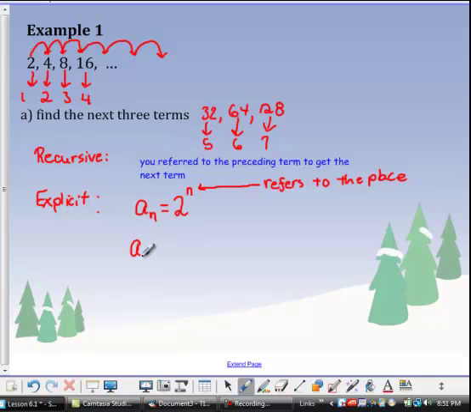You can use S, you can use Q. I don't know why the math books picked A. But to find the 200th term of sequence A, we simply take 2 and raise it to the 200th power. All right, we'll do more explicit and recursive later on.